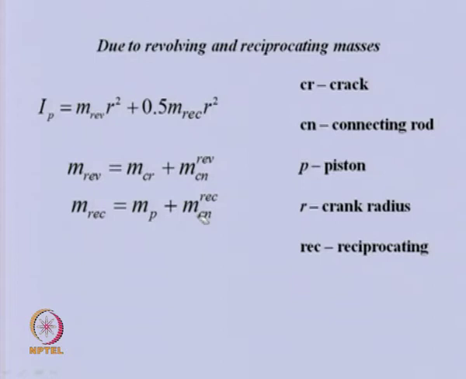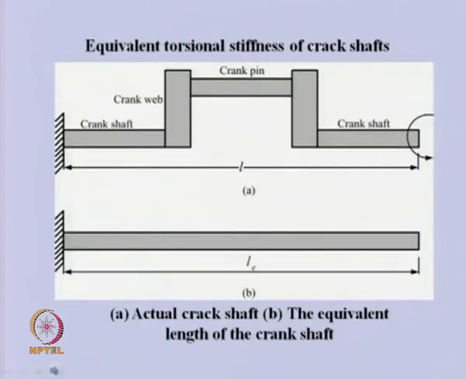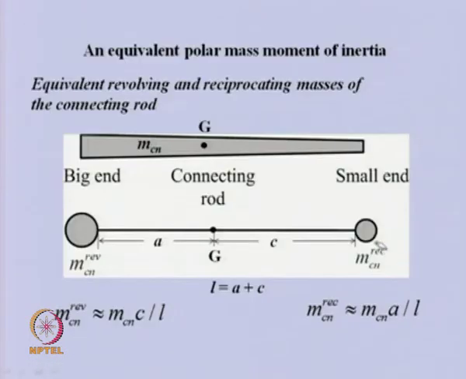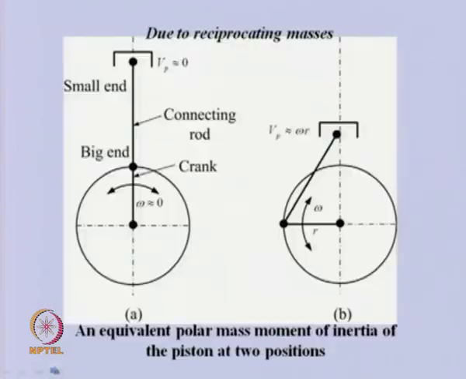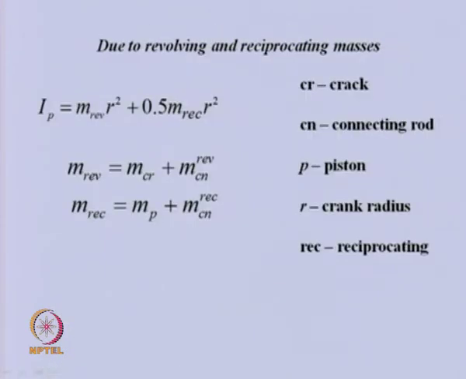This particular mass corresponds to this component, because it is attached to the piston, so this mass will add up to the piston mass. So, now we could get the equivalent polar moment of inertia of the whole crank, connecting rod and piston.